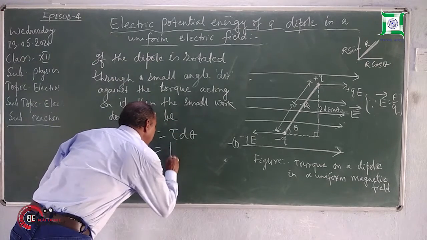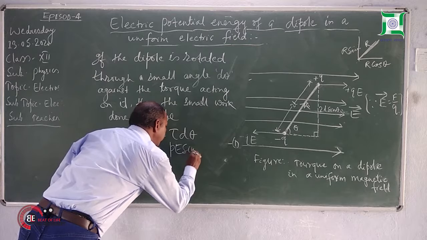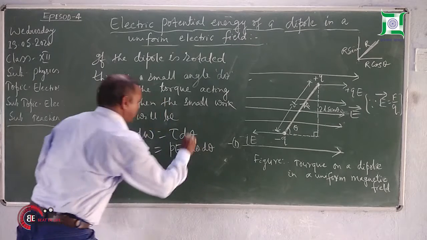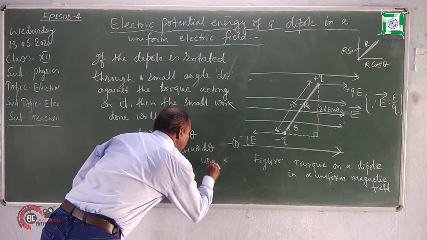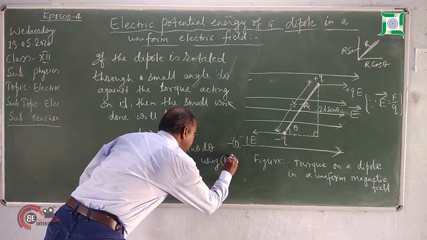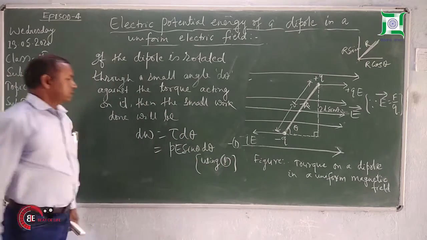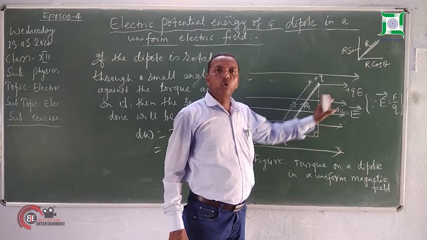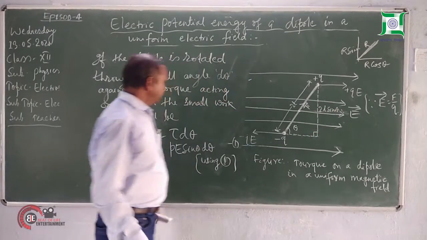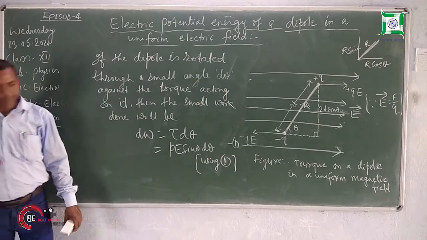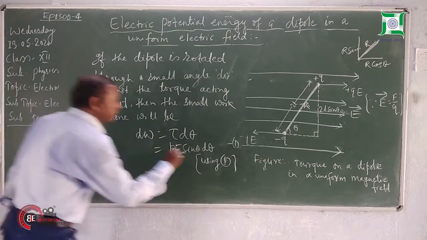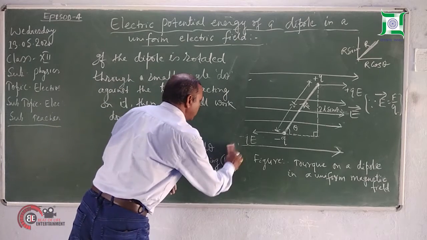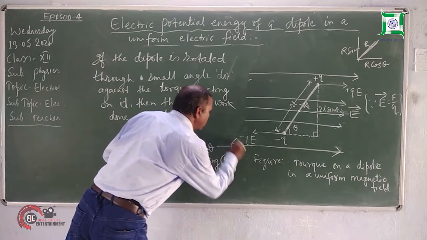So we can write here PE sin theta d theta using 1. This is the small work done in rotating the dipole through a small angle d theta. We can write this as equation 2.